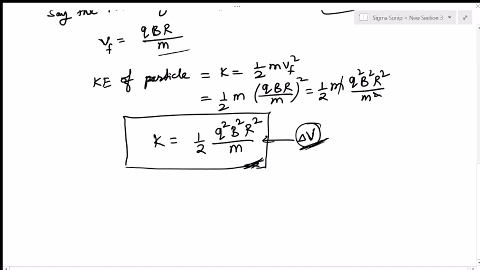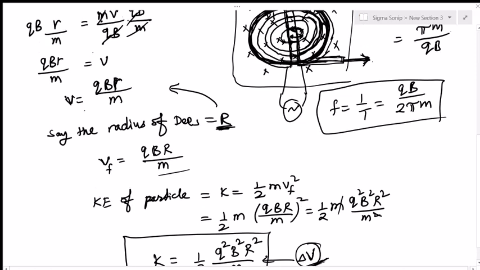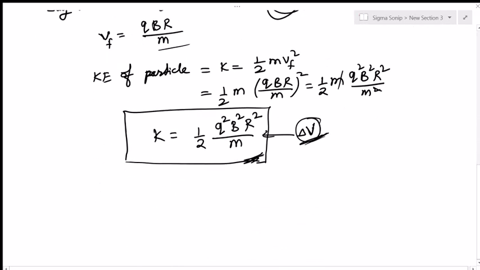So for example, if my AC voltage here is 200 volt, I'll get this energy, and if the AC voltage is 100 volt, then also I'll get a particle of this energy.